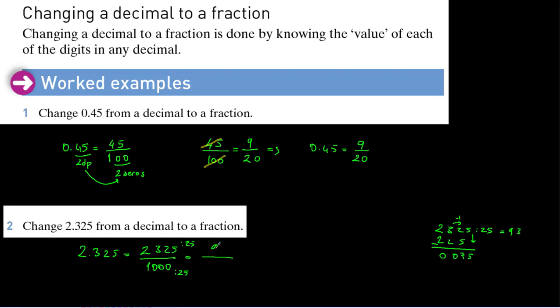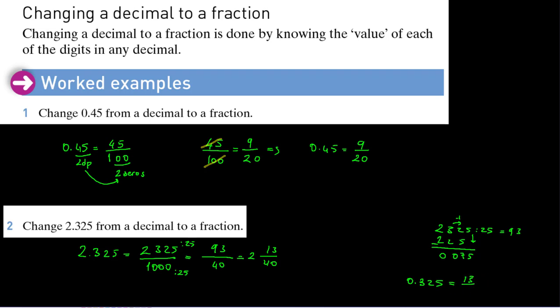So this part is going to be 93, and if you divide 1000 by 25, you know the answer, it's going to be equal to 40. And here if you convert to a mixed number, it's going to be equal to 13 over 40. By the way, I want to say that 0.325, only 0.325, is equal to 13 over 40.